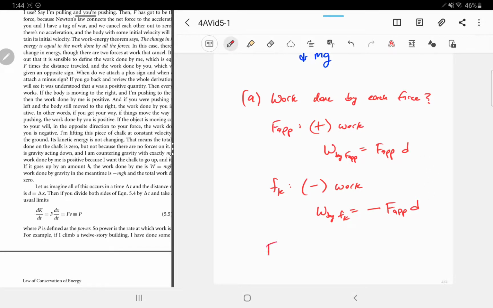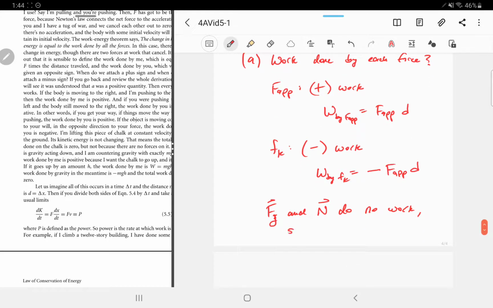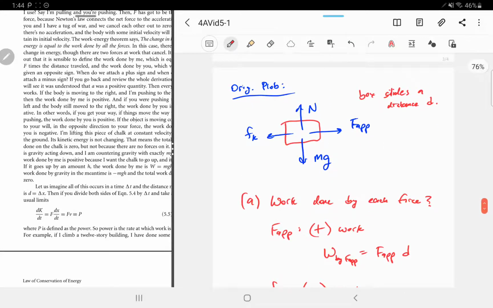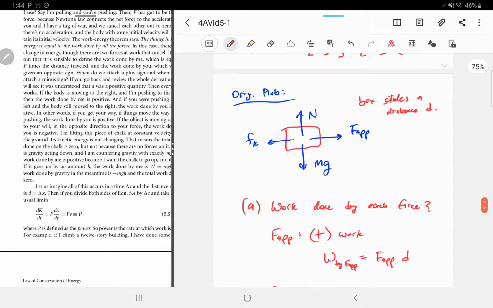And now the gravitational force and the normal force do no work, since these forces are perpendicular to the displacement of the object. The gravitational force is down and the box is moving to the right, that's 90 degrees.